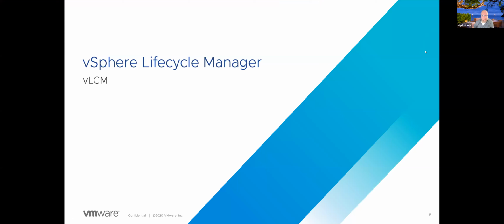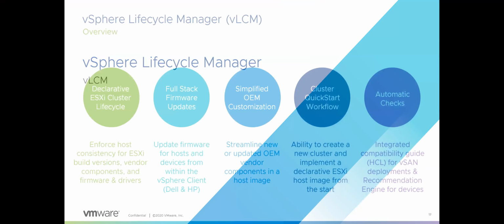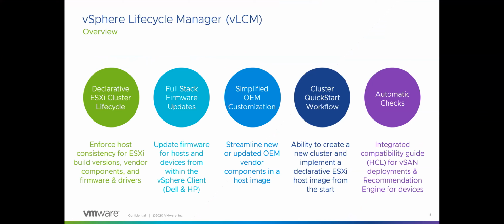Good, perfect. So we've talked about Update Manager or Update Planner and vCenter Server profiles. Now let's dig into vSphere Lifecycle Manager. Like I said in the intro, this is about the ESXi hosts themselves. With vSphere 7 and the introduction of vLCM, short for vSphere Lifecycle Manager, we see a comprehensive set of tools that allows us to create consistency on ESXi hosts.